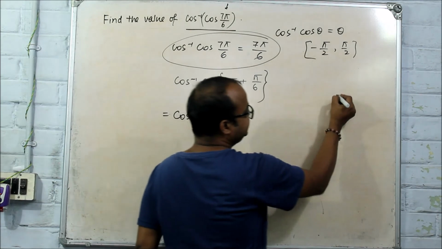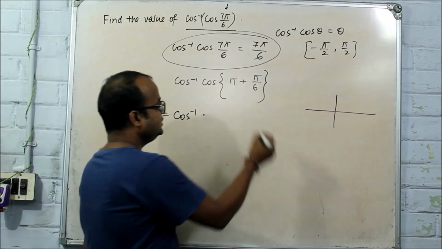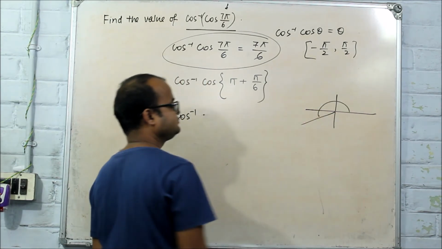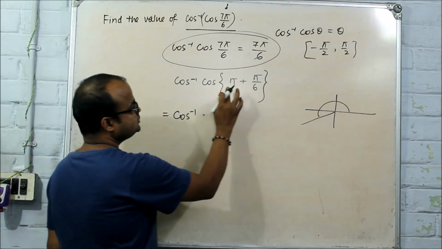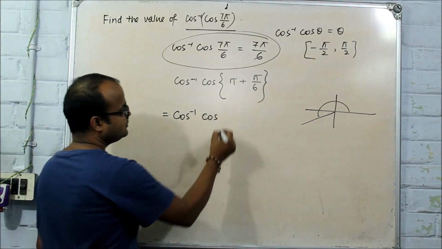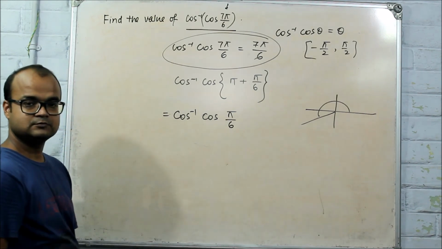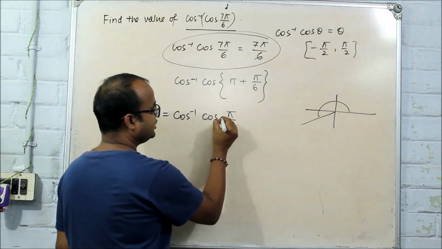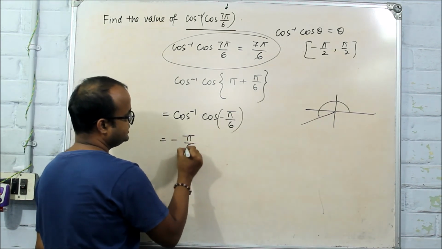Now 180 plus pi by 6 belongs to the third quadrant. Cos of 2 into 90 plus theta, so cos remains cos, pi by 6. And since it belongs to the third quadrant, it will be minus. So it will be minus pi by 6.